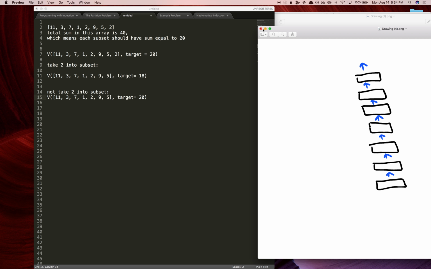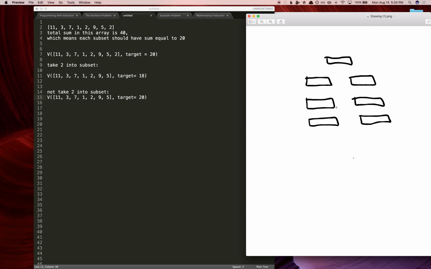So our picture is really not like this. Our picture is really like this. So we have a set of dominoes on the left, which could represent line 11. And then we have a set of dominoes on the right, which can represent line 15.